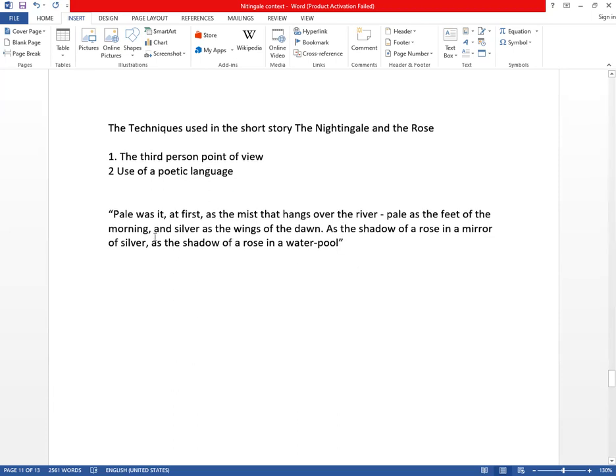Some quotation: Pale was it at first as the mist that hangs over the river, pale as the feet of the morning, and silver as the wings of the dawn, as the shadow of a rose in a mirror of silver, as the shadow of a rose in a water pool. Quote it.